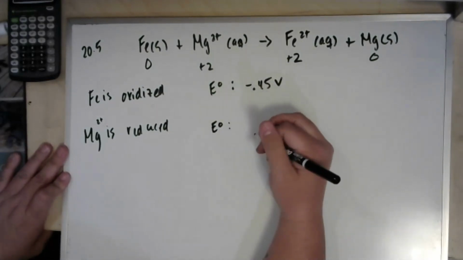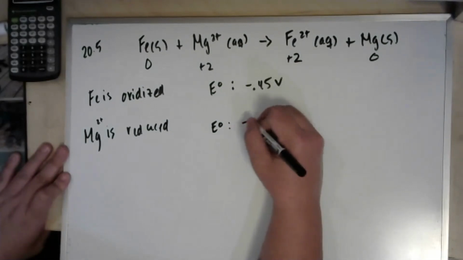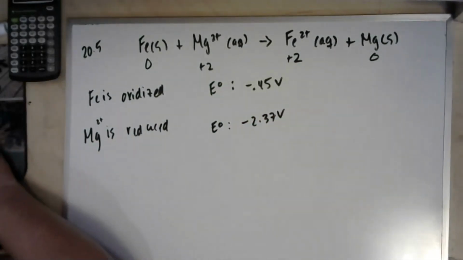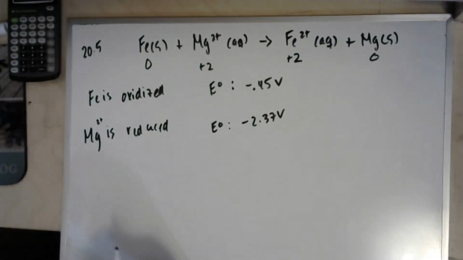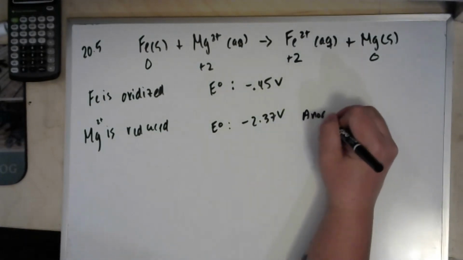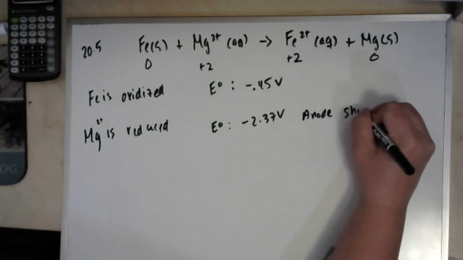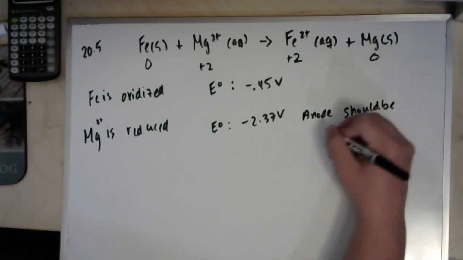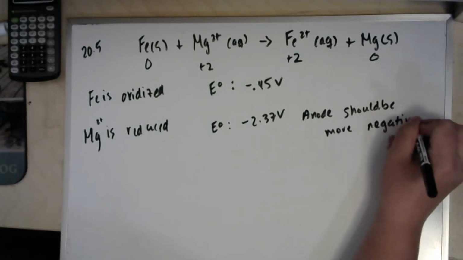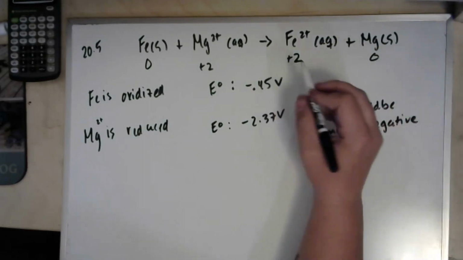The reduction potential for your magnesium is going to be negative 2.37 volts. And what did we just write down in that last slide? The anode is going to be more negative. So the anode should be more negative, and the cathode should be more positive.